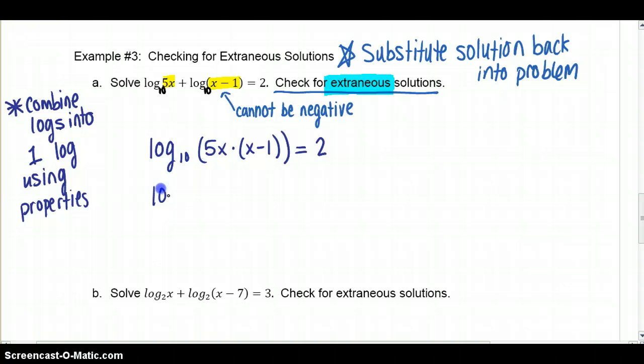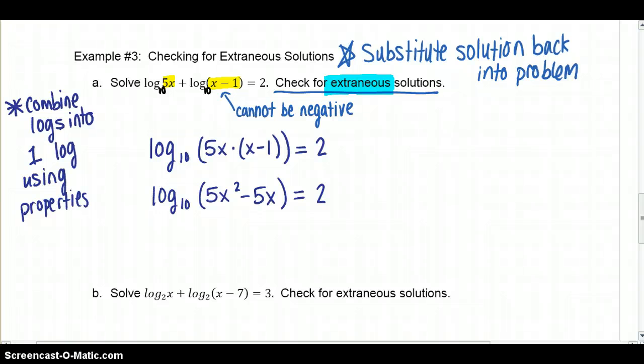So now if I simplify inside there, log base 10, I'm just going to keep that base 10 there so you can see it and remember that it's there. 5x times x minus 1, let's just distribute that to get 5x squared minus 5x equals 2. Now we're back to a normal problem similar to the ones we did before.